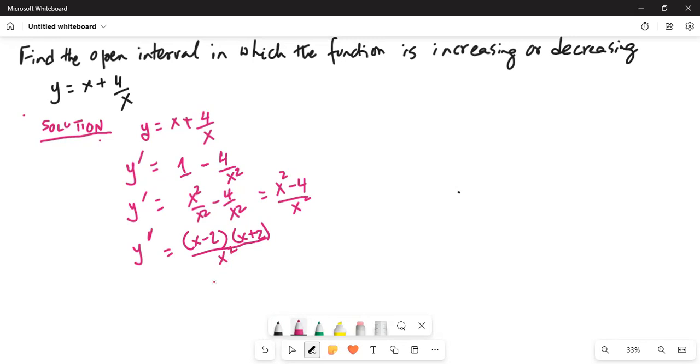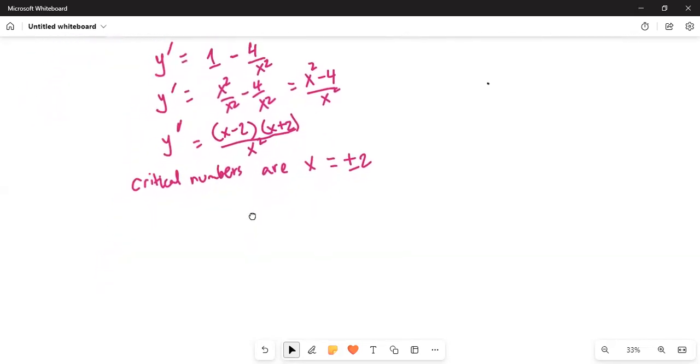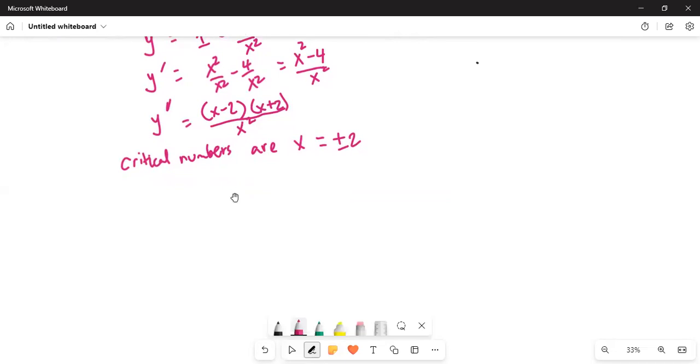Okay, so critical numbers are x equal to plus minus 2, and there is a discontinuity at 0. So let's test the intervals.